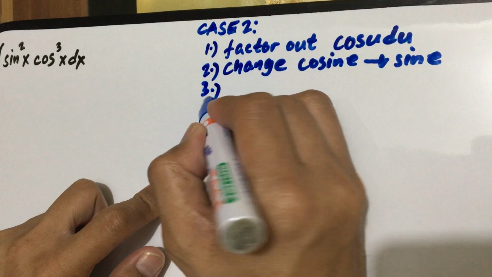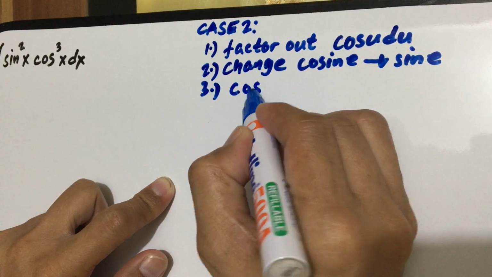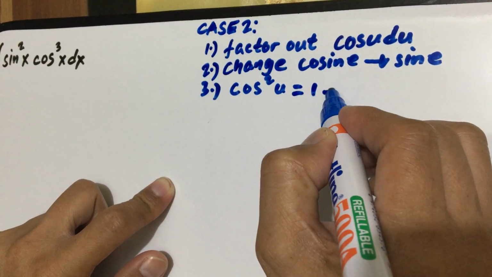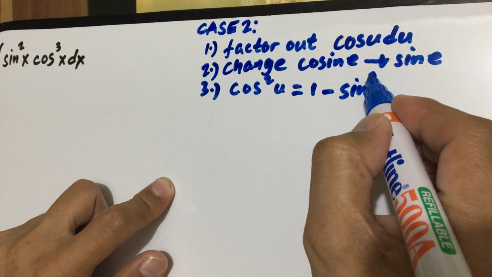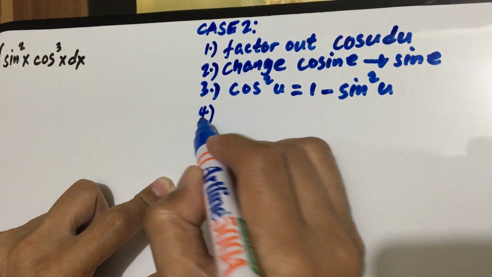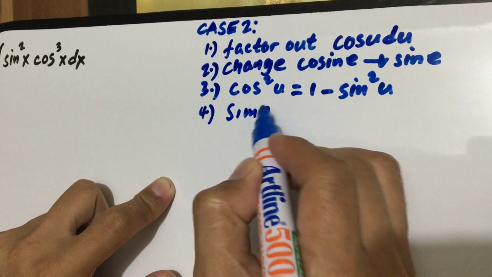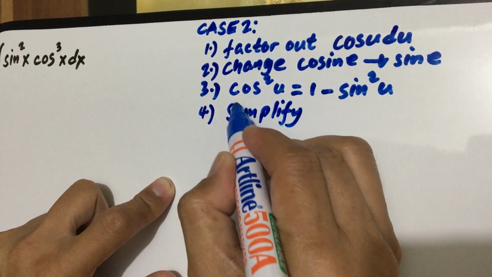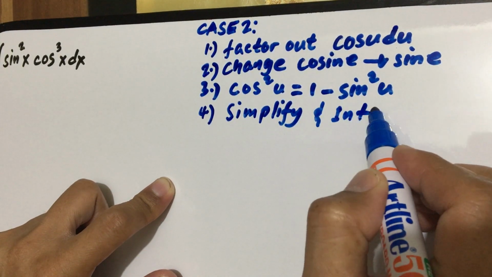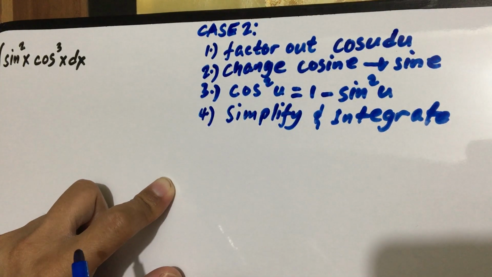Then third, we have to use the identity: cosine squared u equals 1 minus sine squared u. And then after that, you simplify and integrate using appropriate formulas.